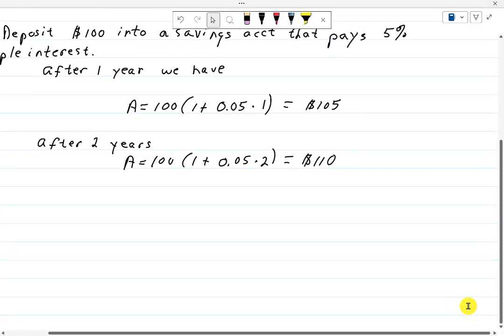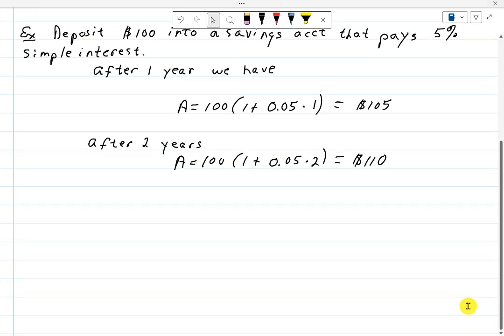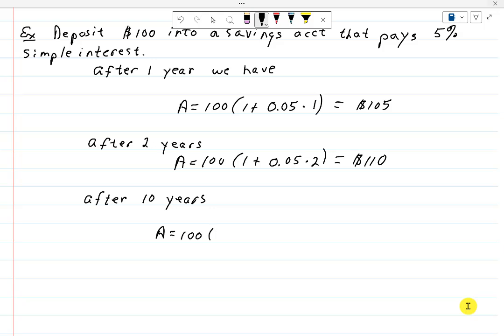And the same formula works over and over again. After 10 years, what do we have? We still have the same P as before, same APR. This time the number of years is 10. And it looks like I'll have $150 then.